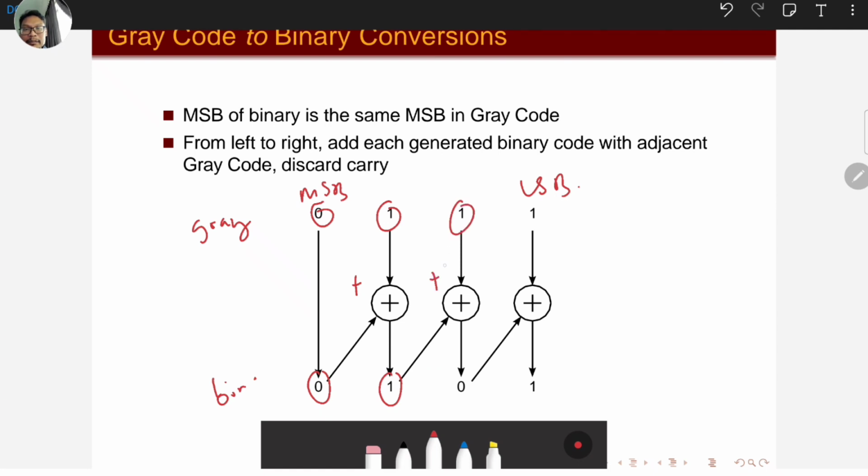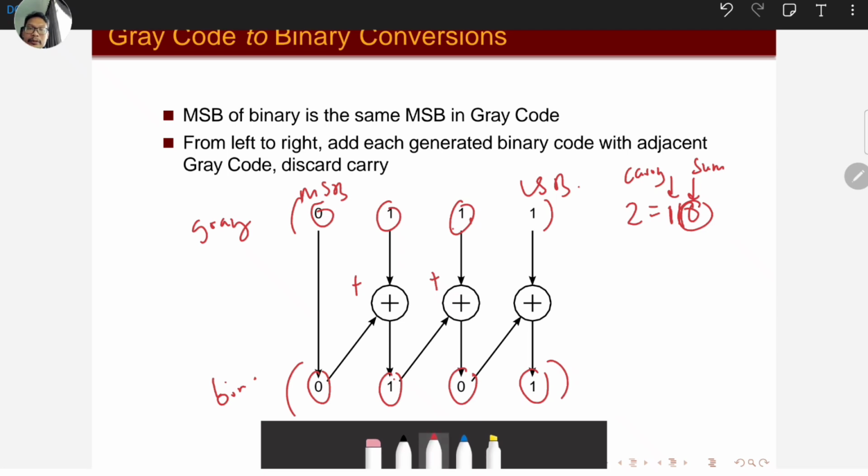We plus 1 and 1, we get 2. 1 plus 1 equals 2, but your sum is actually 0 because 2 is 10. This is your sum, this is your carry. So the answer is actually 0. That's why here 1 plus 1 equals 0. 0 plus 1 equals 1, and therefore this is your equivalent binary given a particular gray code.